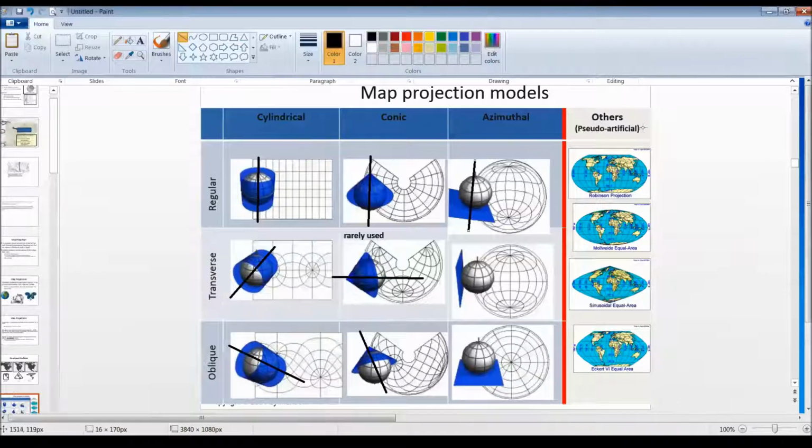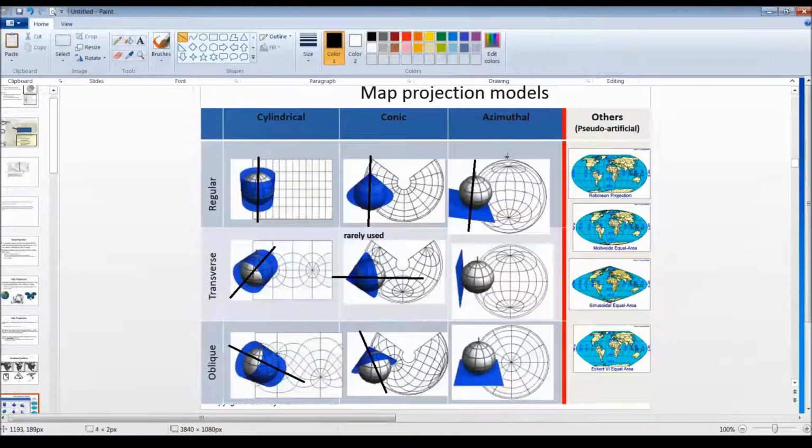And there are also what we call artificial projections. These projections here, the Robinson and the sinusoidal, which are the ones that are mainly used, are not based on any type of developable surface.